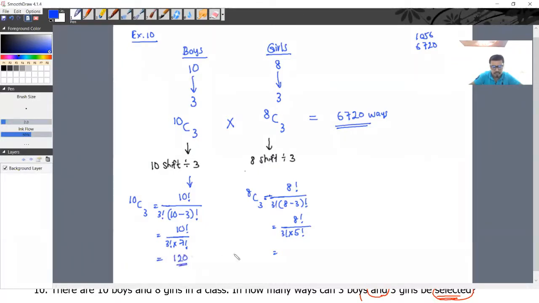The other one, 8 factorial divided by 3 factorial into 5 factorial, is 56. So altogether 120 into 56 equals 6,720.